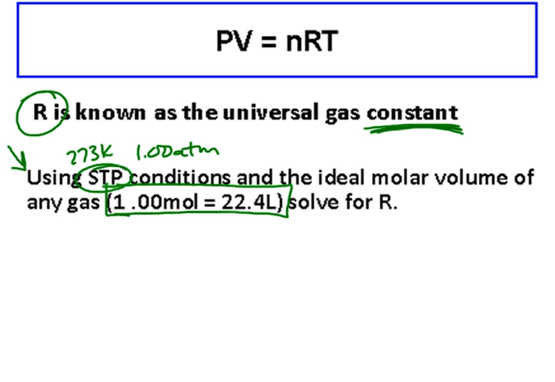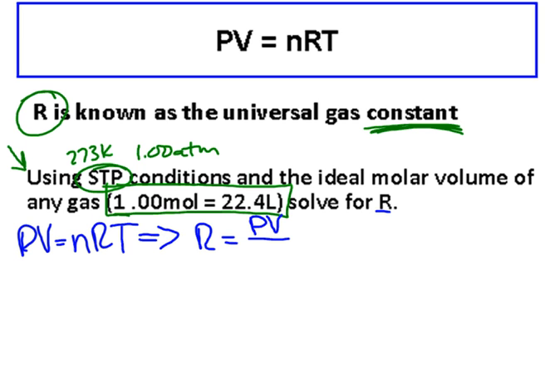So let's rearrange PV equals nRT so I can solve for R, which means R equals PV over nT. And when I plug in these numbers, because this is my pressure, this is my volume, this is my number of moles, and this is my temperature, if I keep all my sig figs, my answer is going to be 0.0821.